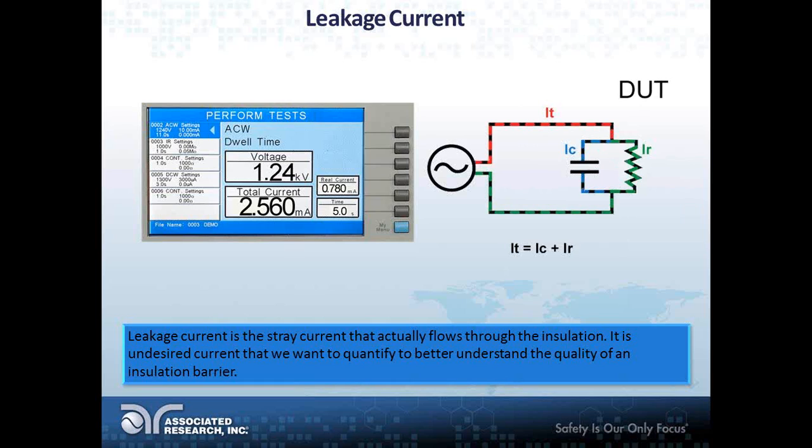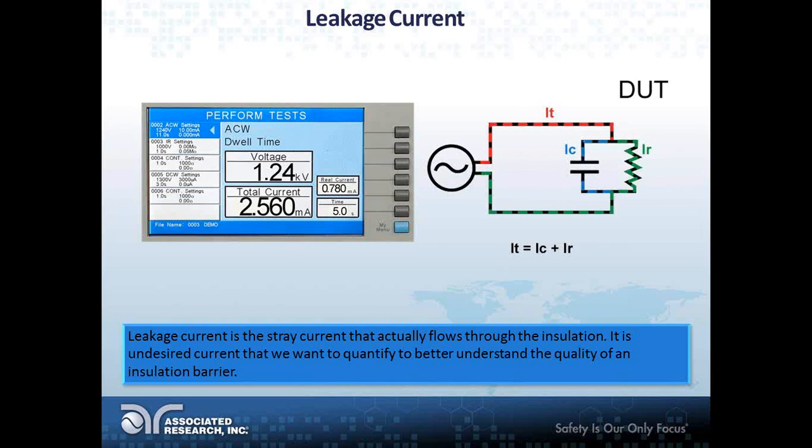The reason why we're simulating a DUT as a mix of capacitor and resistor is that if you think about how a Hipot test is performed, when you apply a high potential between your current carrying and non-current carrying conductors, you're essentially creating a big capacitor, because your current carrying conductors and your non-current carrying conductors are separated by the dielectric, which is the insulation of the product.